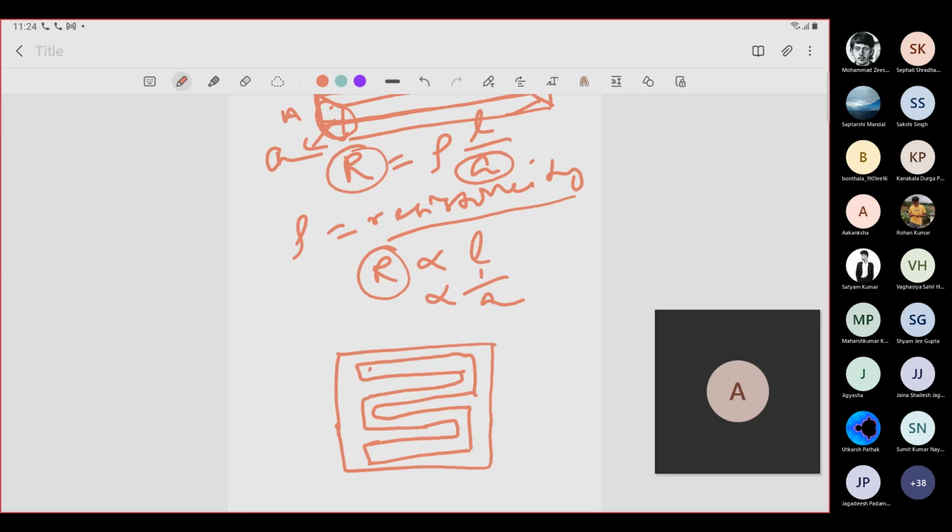You can take your A terminal here and your B terminal here. So within a particular dimension of your chip area, you can realize the silicon layer to get a particular resistance value.